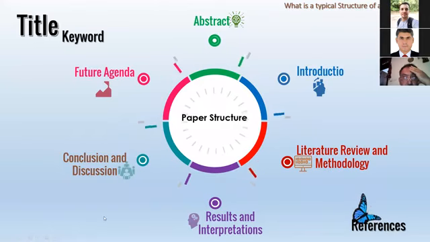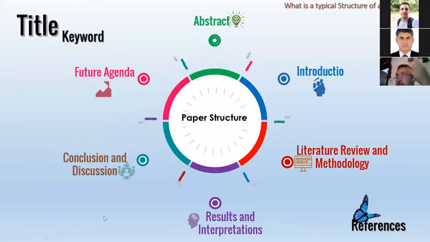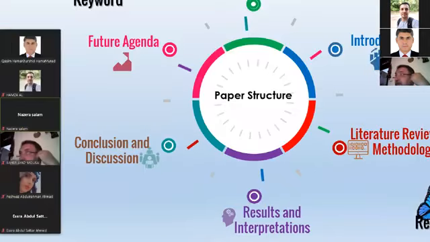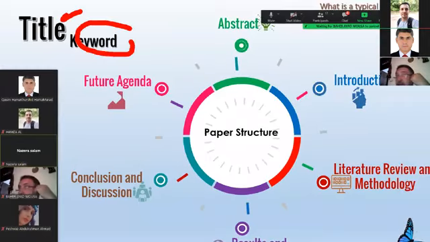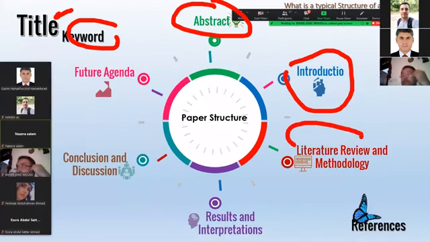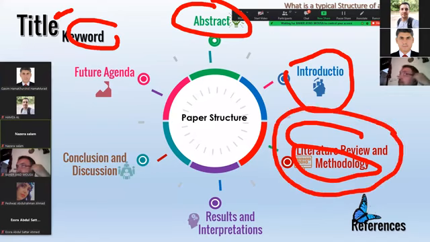It's very important to know that every article generally must contain the title, maybe the keywords, of course the abstract, and the introduction. Sometimes we say there's a literature review, sometimes we say review, sometimes we say methodology, sometimes we say method. It means there is a method and there is a review.